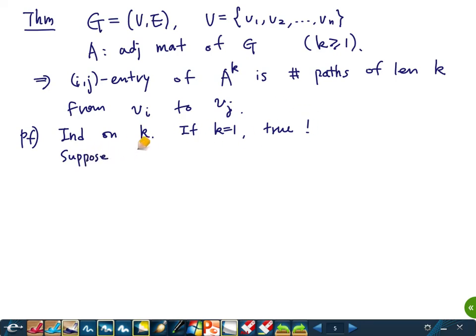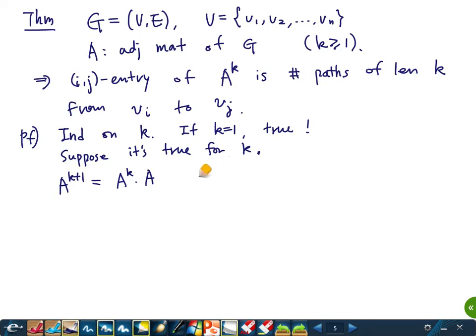Suppose that this is true for k and consider k plus 1. So what is A to the k plus 1? This is the k plus first power of A, so it's A to the k times A. So what is the ij entry over here? We want to show that it's also true for the k plus 1 case.